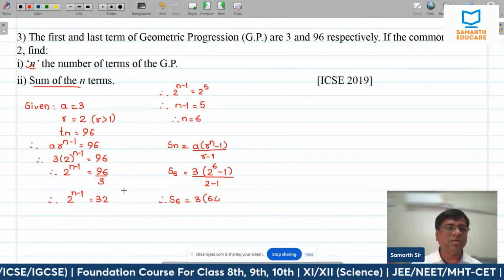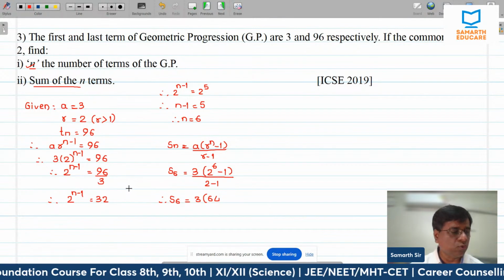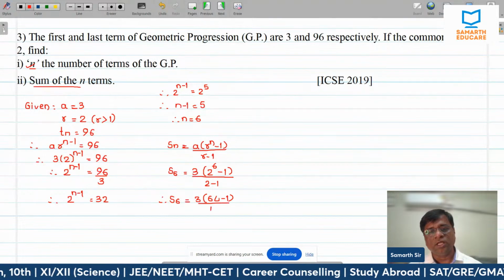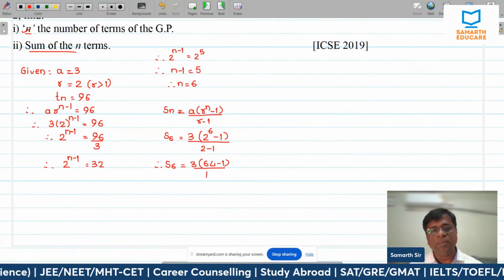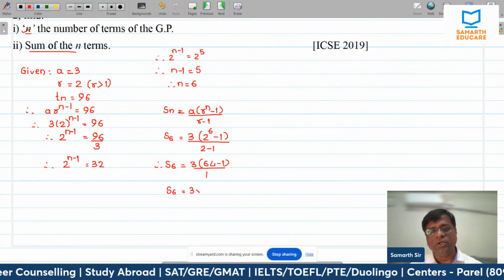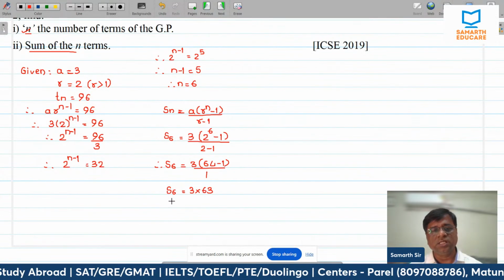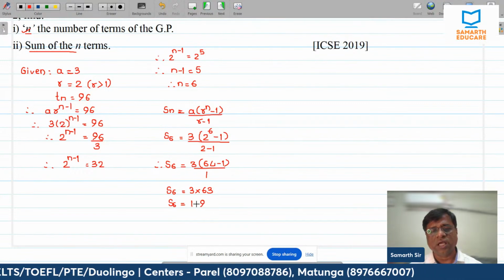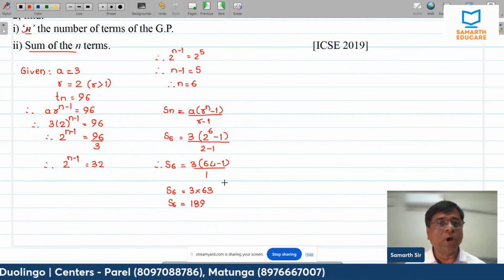We just saw 2 raised to 5 is 32, so 2 raised to 6 becomes 64. Minus 1 upon 1. Nothing to worry about this, below it is just 1. So S6 becomes 3 into bracket 63. So S6 is 3 3s are 9 and 3 6s are 18. So the answer is 189.